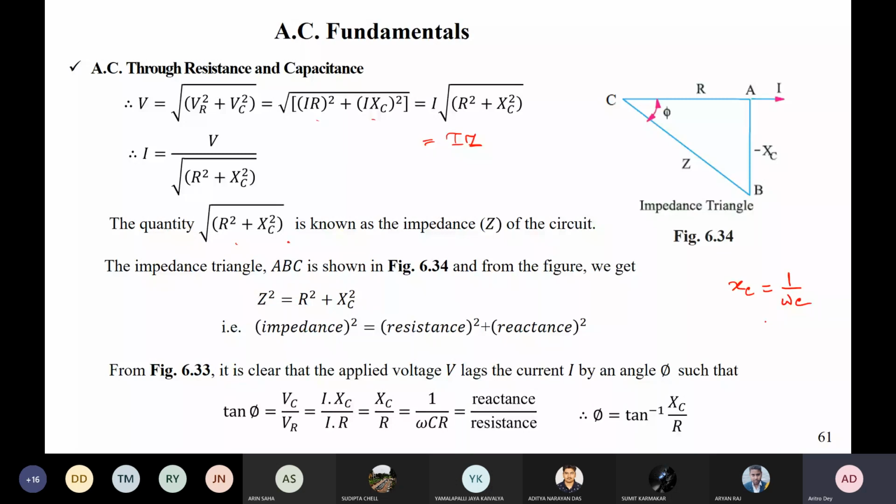Your angle phi, I mean the power factor, cos phi, will be equal to R by Z, so R by root over R square plus XC square. Okay, and tan phi is equal to XC divided by R.